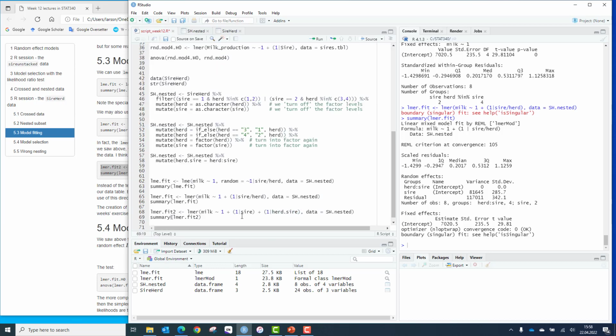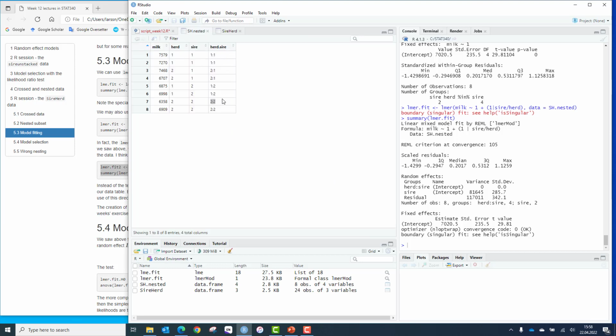And I think that actually this is in many ways a better way of doing it. First of all, because by creating this column here, you clearly have made it absolutely clear that this is a nesting of herd inside sire, right? The nesting information is in this column.